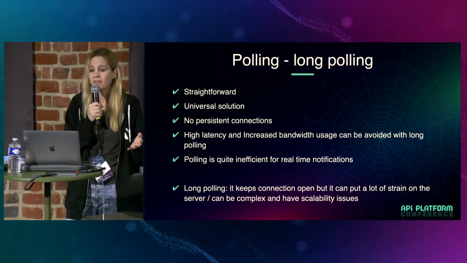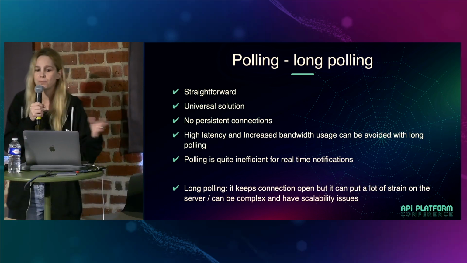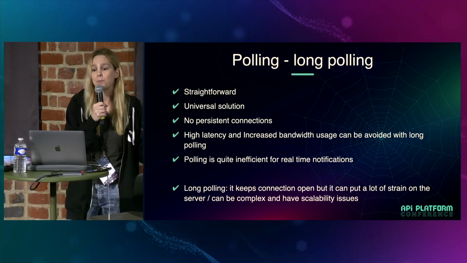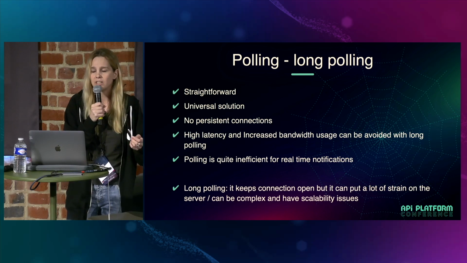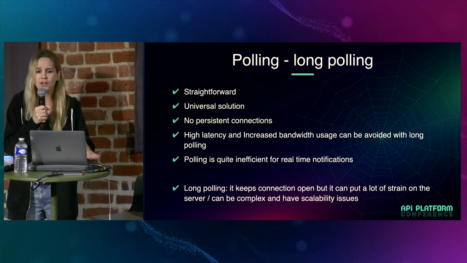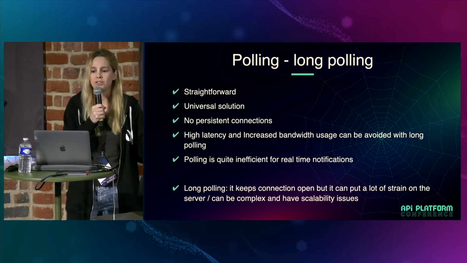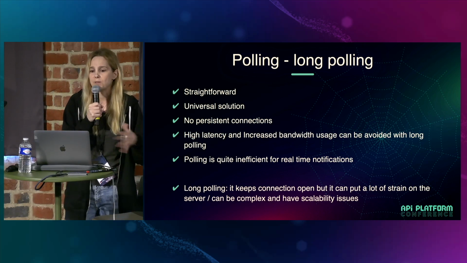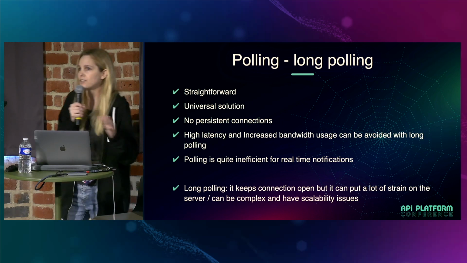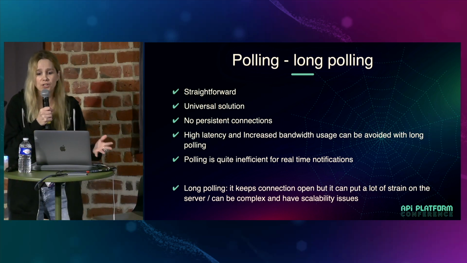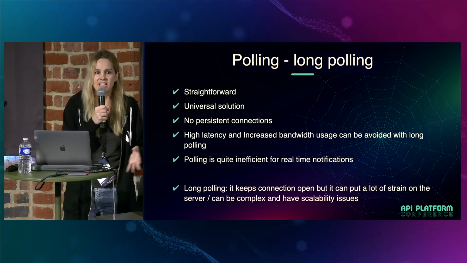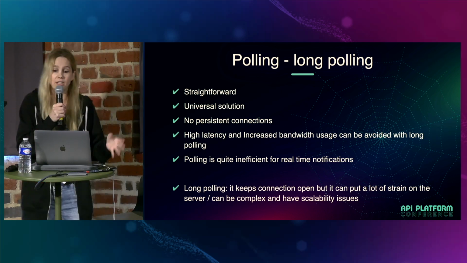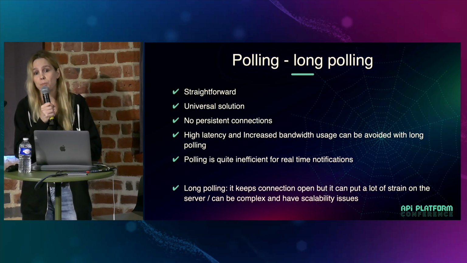HTTP polling. This is the most basic approach, where the client repeatedly asks the server for updates at regular intervals. It's super straightforward. It just uses standard HTTP requests and responses. So you don't need any special setup. It doesn't require keeping connections open, which can simplify things on the server side. And the time it takes to get updates depends on how often you poll.